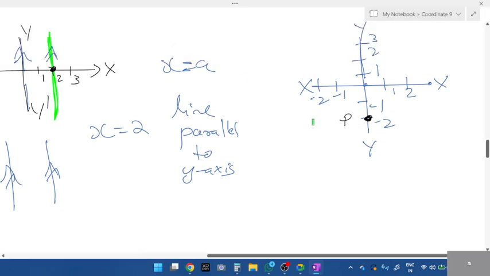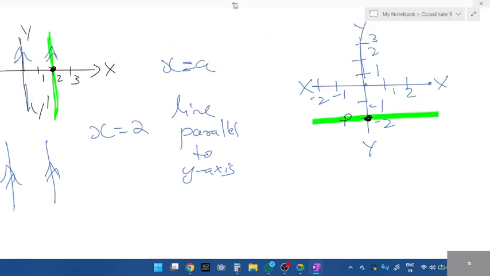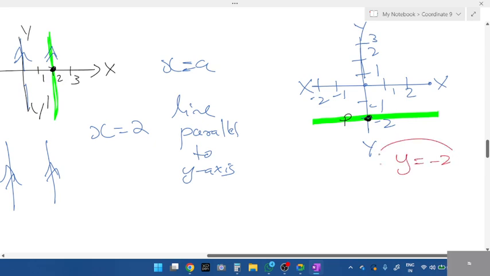Y-axis. On the point, I'll just draw a line. This line is parallel to which axis? Very good. So whenever y has a value, y is equals to minus 2, this line will be parallel to the x-axis, and the value of x will be 0, students.